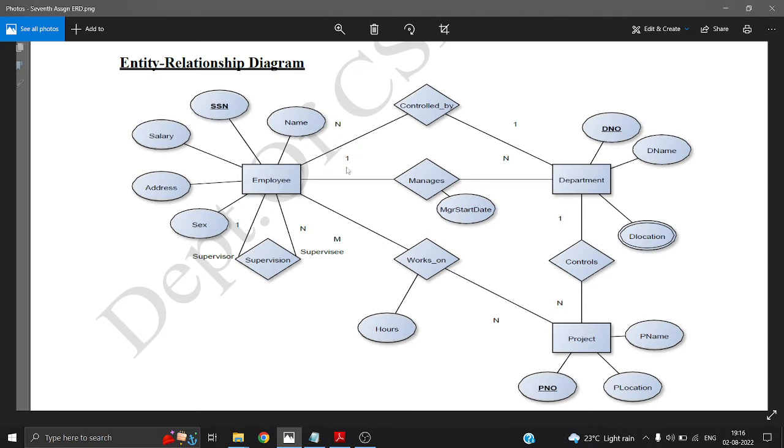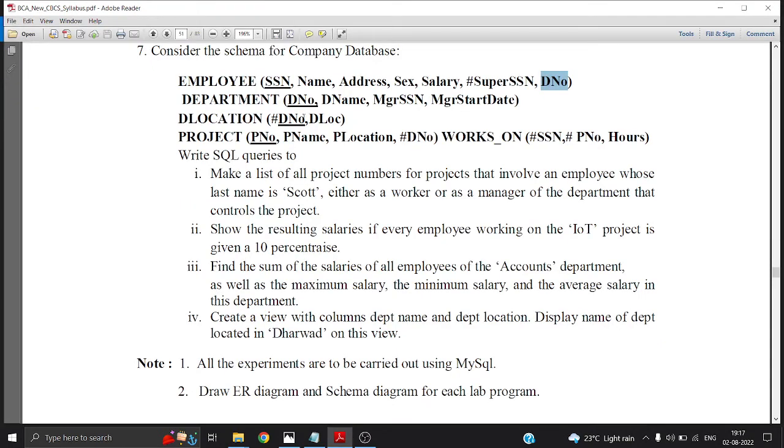In this case again there is a 1:n cardinality ratio, and n lies at the department side. According to the rule of cardinal ratio, where n lies, there we have the foreign key. Because of that, in the department table you can observe the manager SSN and manager start date information. These two columns give the manager details, which employee manages which department.